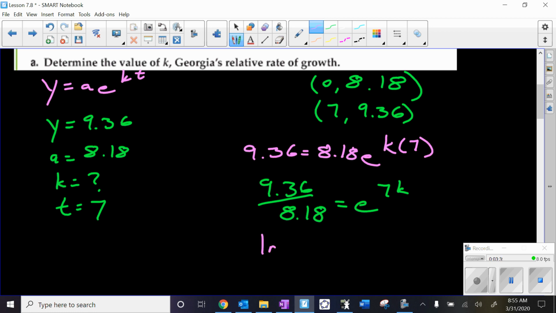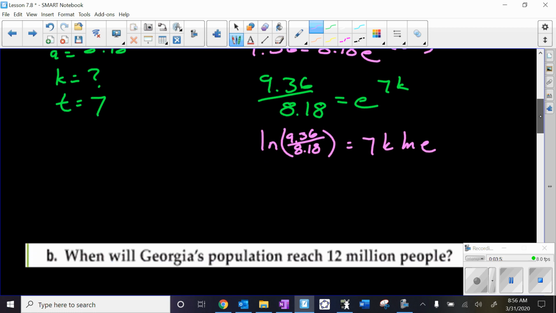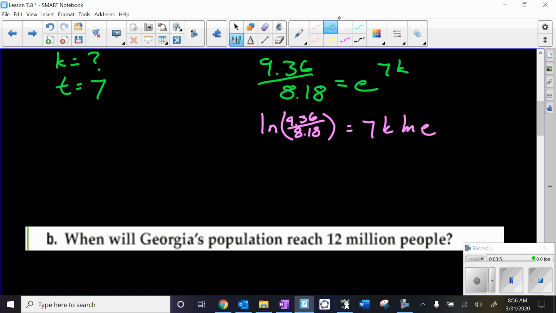So now I have natural log of 9.36 over 8.18 equals 7k natural log of e. Natural log of e is just 1, divide both sides by 7. Natural log of 9.36 over 8.18 divided by 7 equals k.